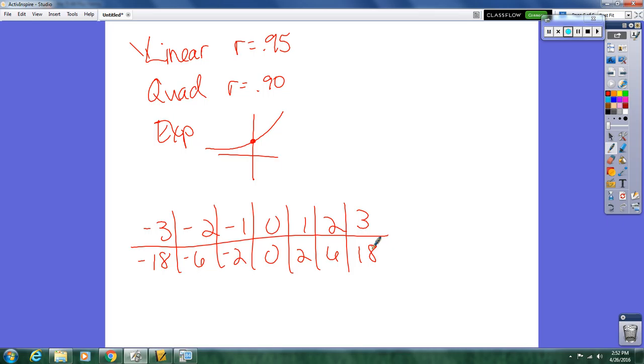What do we do with the table? What did we do when we were given a table? We subtracted. We found the difference. So the first difference, so help me out. Use your calculator. Negative 18 minus negative 6. Negative 12. Negative 6 minus negative 2.